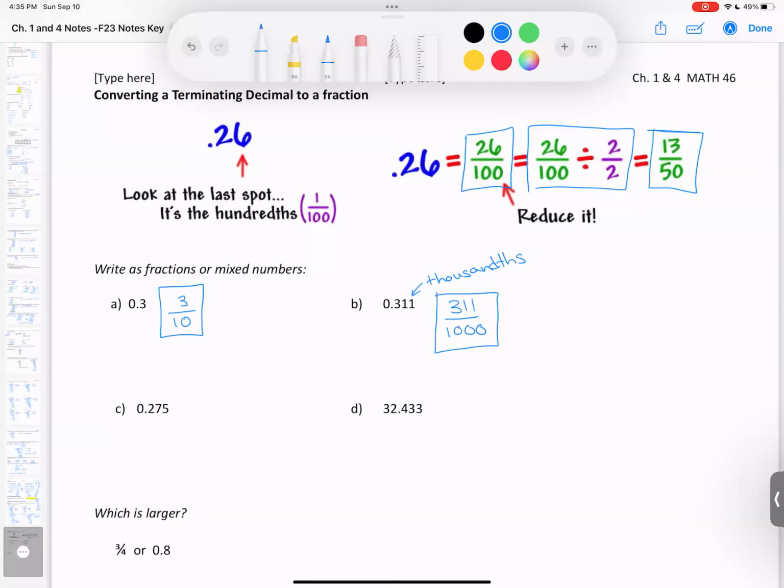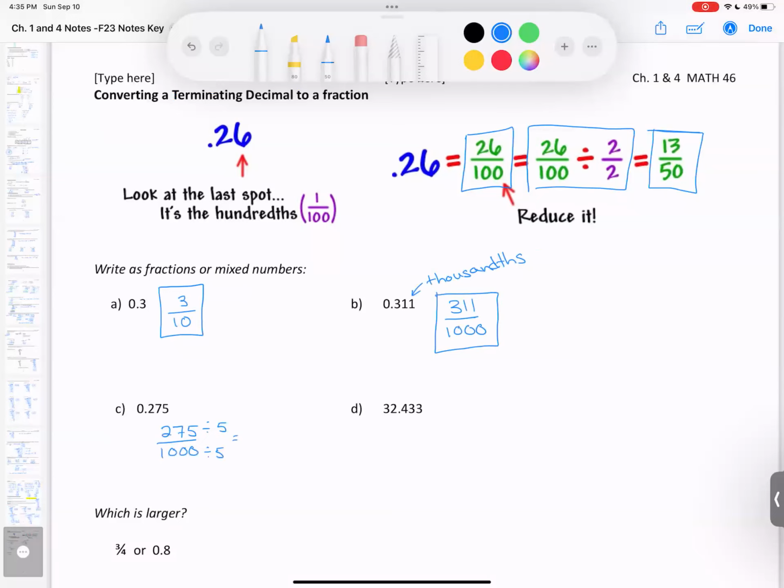All right, next one, 275 thousandths. Well, this one, the top and bottom, I can see are both divisible by 5. So let's do that. You could do that by hand, but I'm going to cheat and use my calculator here.